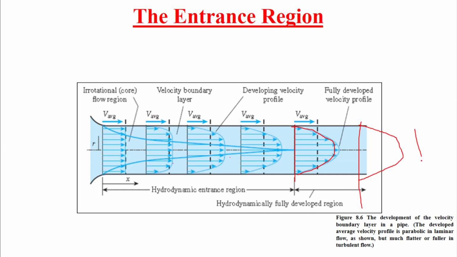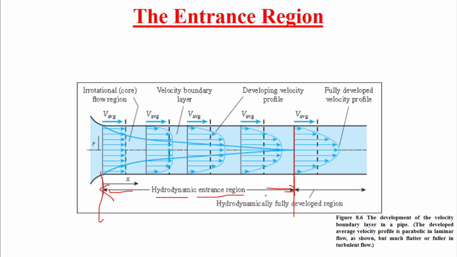It will repeat over and over. It will not change. So at the moment that the fully developed profile appears, we call this region, from the entrance, this is the entrance, up to this point, the hydrodynamic entrance region.